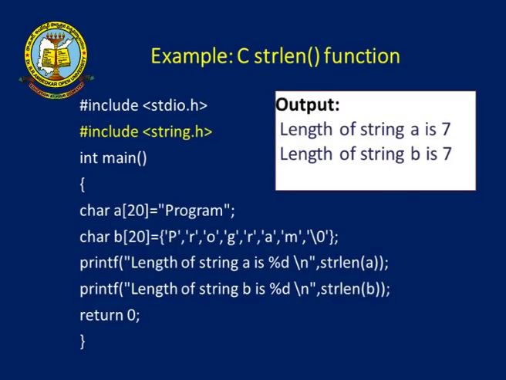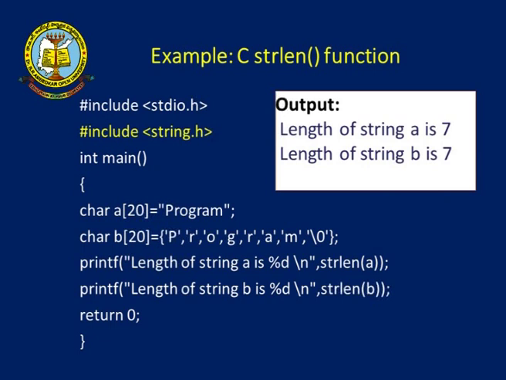See this program, we are implementing the string length function here. In this, we are declaring a string with the name A and assigning the string value program. And in this statement, we are declaring one more string variable with the name B, and we are assigning the value program. These two methods are valid, we already covered that.